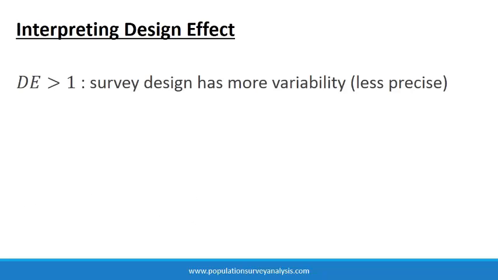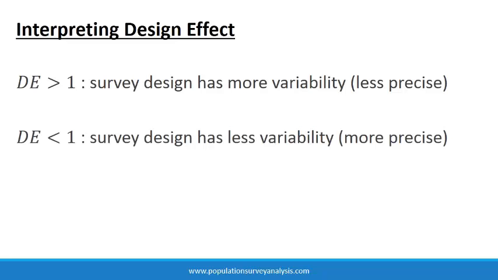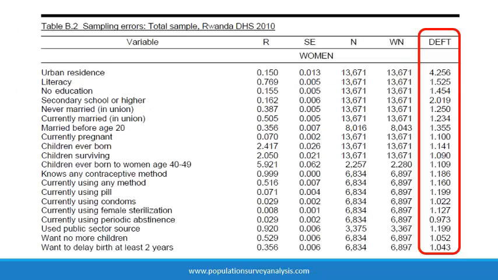A design effect larger than 1 means that the variance under the sample design is larger than it would be under simple random sampling, and a design effect smaller than 1 means that the variance under the sample design is smaller than it would be under simple random sampling. The design effect of a complex survey design is usually reported by survey implementers for key indicator variables, and is helpful for sample size calculations in future surveys that use complex survey designs in that population.